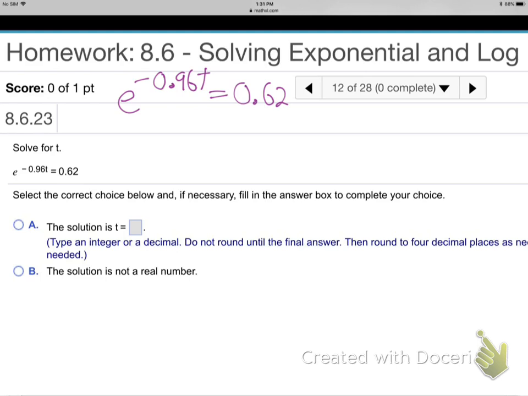Same thing. ln both sides, right? Okay, ln both sides.